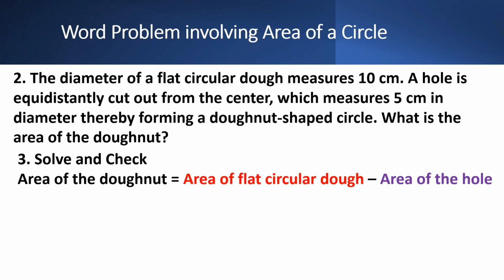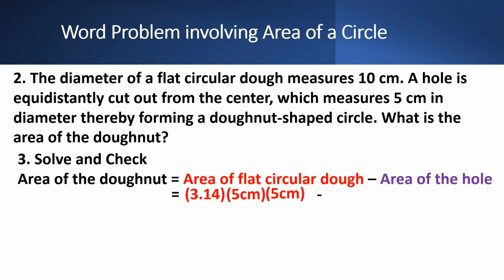So, unahin natin si area of flat circular dough, no? So, from the area equals pi r squared. So, pi is 3.14. So, ang radius ng flat circular dough is 5 centimeters dahil meron nga siyang diameter na 10 centimeters. So, magiging 3.14 times 5 centimeters times 5 centimeters.